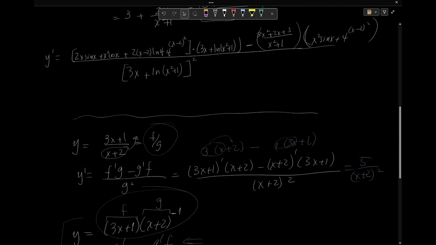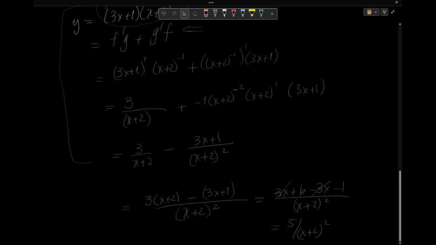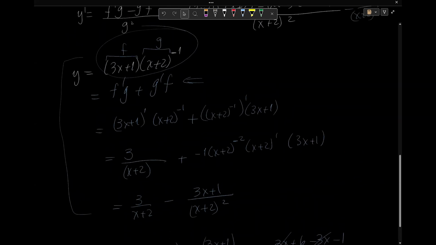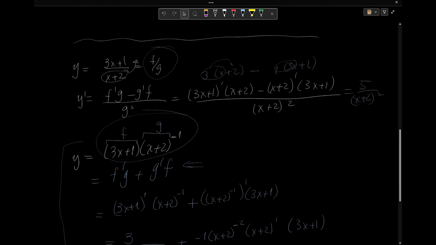This one did not require much work on the quotient. Okay. These problems were easy. It was too much work to do the product rule for this one. Yeah, we got the same answer, but we took a longer path. But sometimes you may see problems that, if you think about it for a few seconds, you say, oh, maybe it's advantageous to do product rule. Let me bring it from the bottom up, put a -1 on it, and then work it out. Okay. And that is it for the quotient rule.